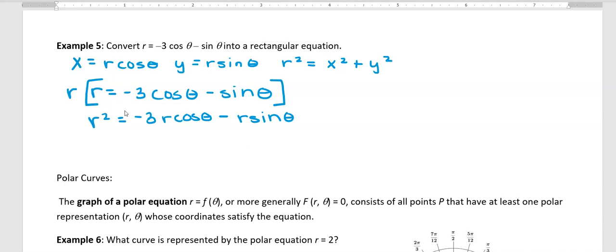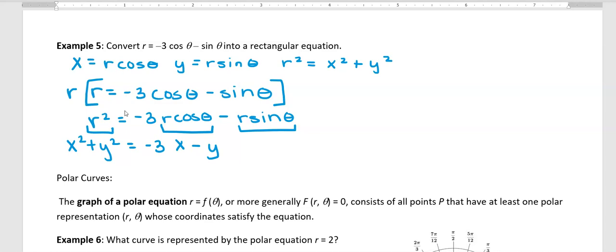So the r squared can be replaced with the x squared plus y squared, excuse me. We'll still have that negative 3. The r cosine can be replaced, of course, with x, and the r sine can be replaced with y. So we've replaced 3 pieces of the equation with their corresponding parts.